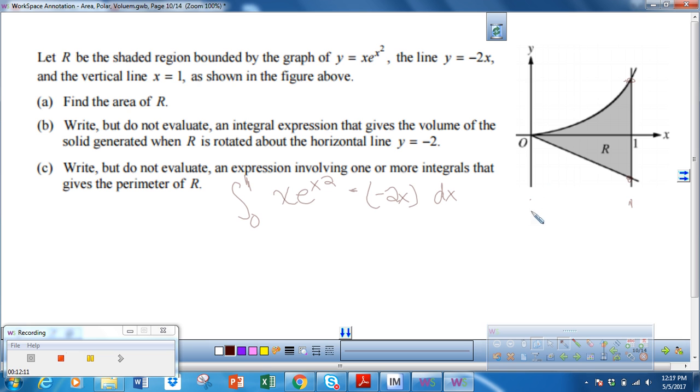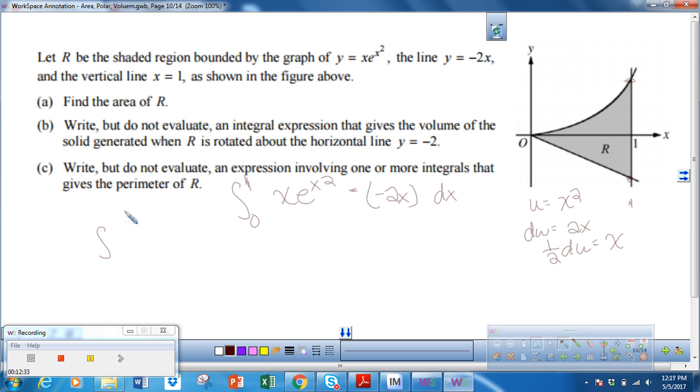Now for this curve, I'm going to have to use a u substitution. So I'm going to come over here and do a u substitution. I'm going to let u equal x squared, du equals 2x dx. So 1/2 du is equal to x dx. And since I have x dx here, I'm going to replace this and integrate.